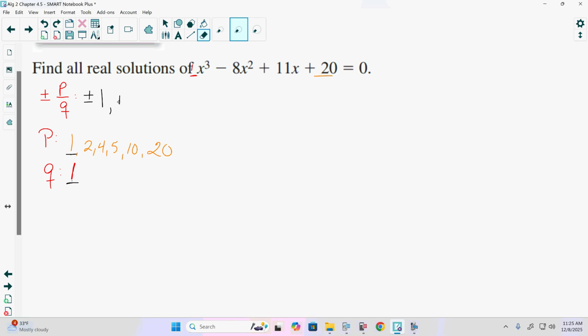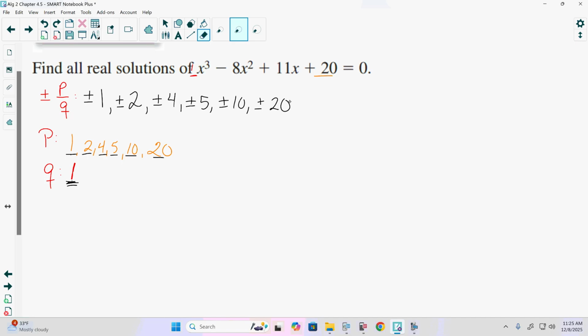Then we're going to do 2 divided by 1, which is 2. Then 4 divided by 1, which is 4. 5 divided by 1 is 5. 10 divided by 1, 10, and 20 divided by 1, 20. And it is positive or negative, so we have that plus or minus.